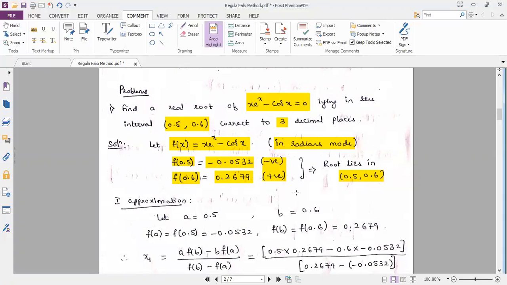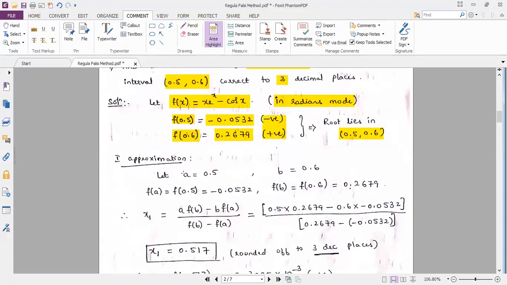Now let us perform the approximations. First approximation, let a be equal to 0.5 and b is equal to 0.6. Finding out f of a, f of 0.5 already obtained, minus 0.0532, and f of b is f of 0.6, which is 0.2679.